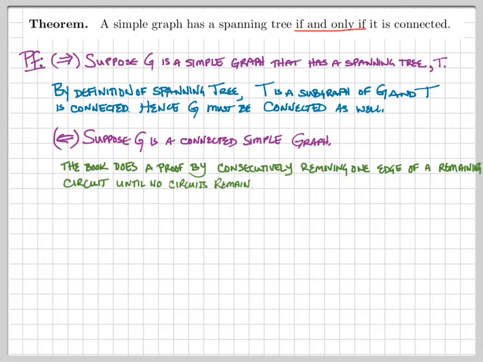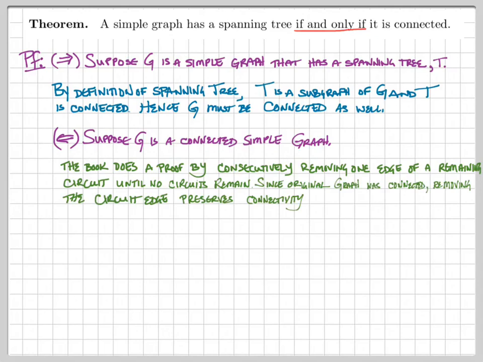It does not change the characteristic of connectivity by removing a cycle edge. So if you do that for the first cycle you find, you've decreased your graph by one edge, and then you look for another cycle, do it again, until no circuits or cycles remain.